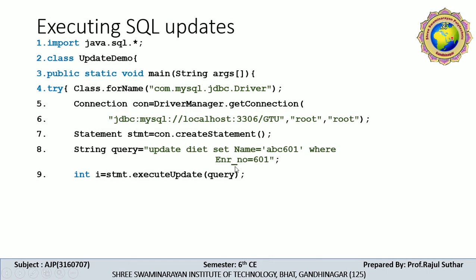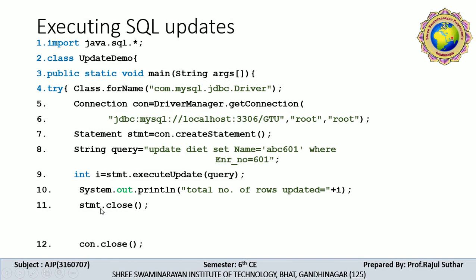You can use any number instead of 601. Then int i is equal to statement.executeUpdate(query). So this query will be performed, and after performing it, System.out.println the total number of rows affected: total number of rows updated is equal to the counter i.